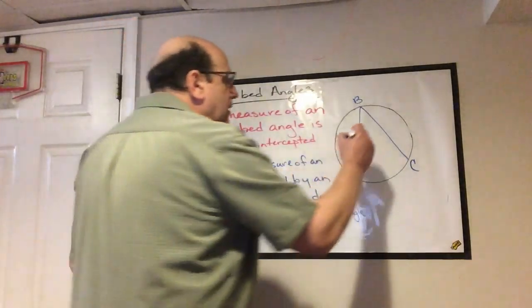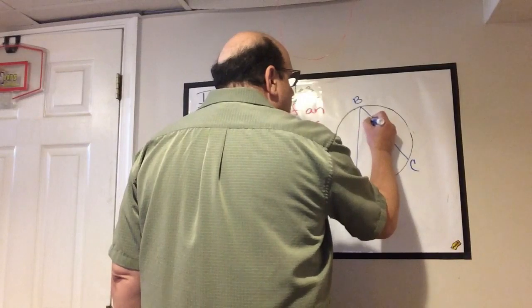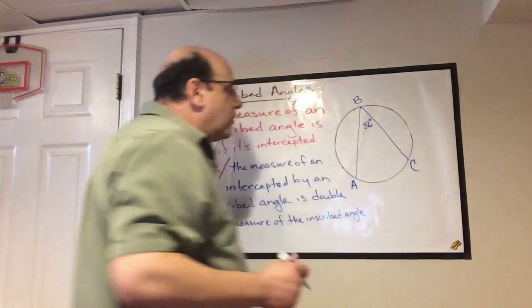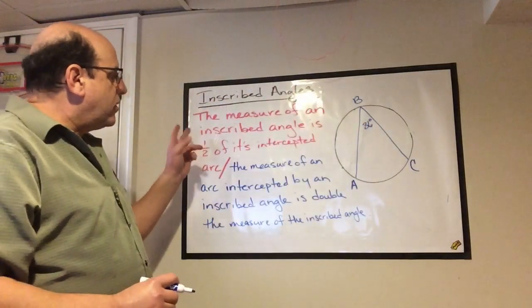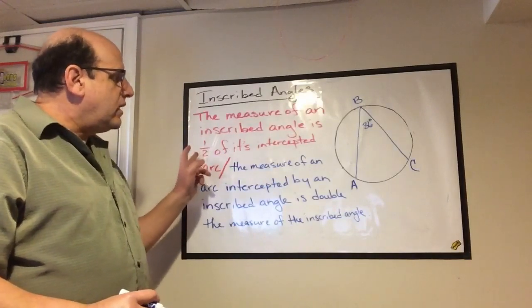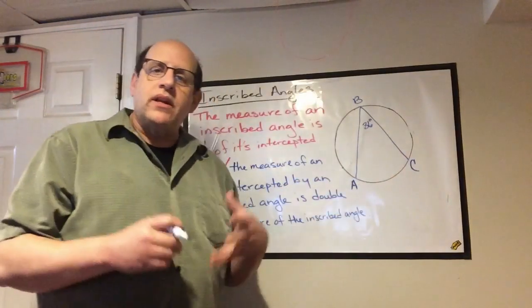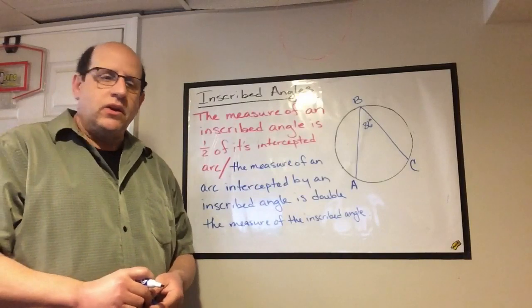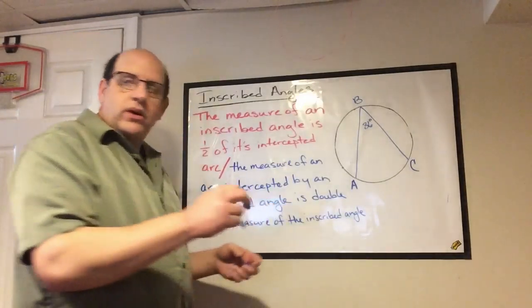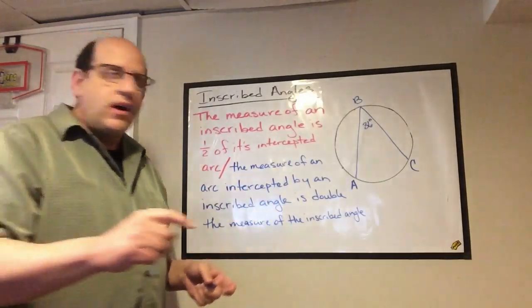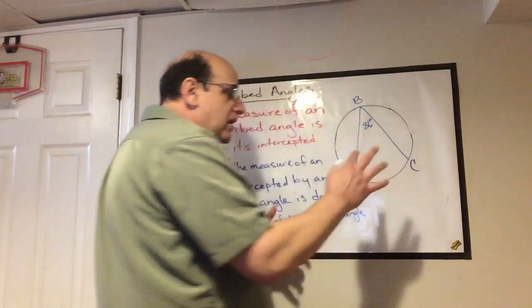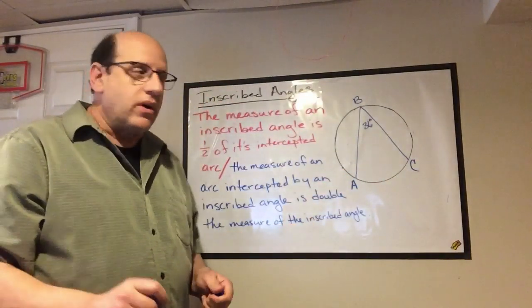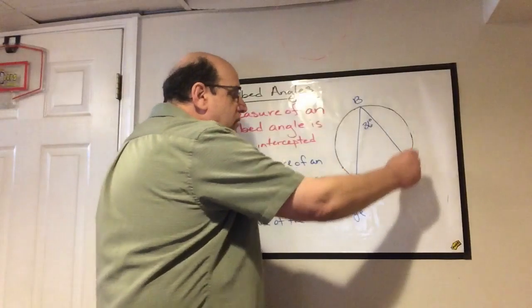And they say that this in here is 36 degrees, and they say, okay, well, the measure of that inscribed angle is half of the arc that it's intercepted. So if we want to know what the measure of arc AC is, and that's what number one is asking for, it says, hey, what is the measure of that?